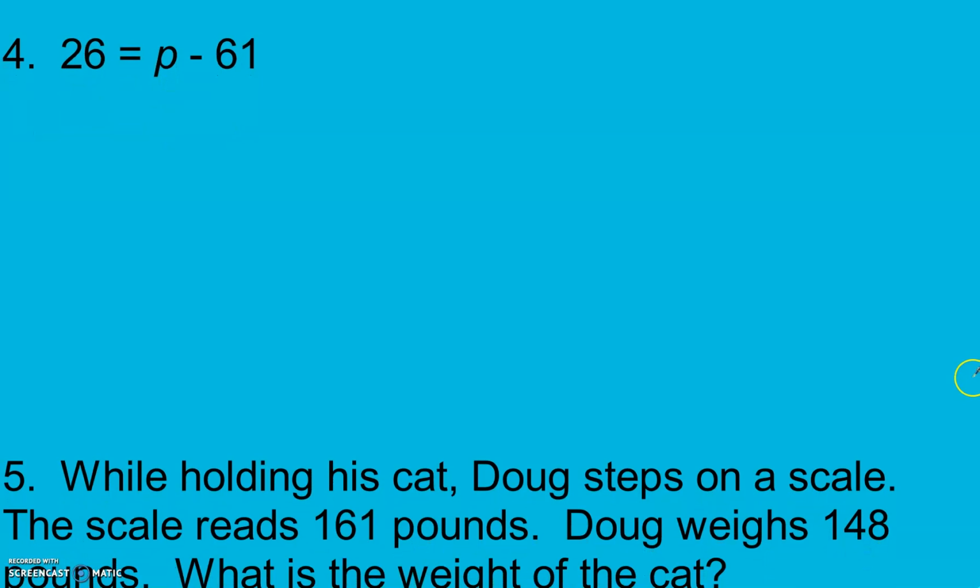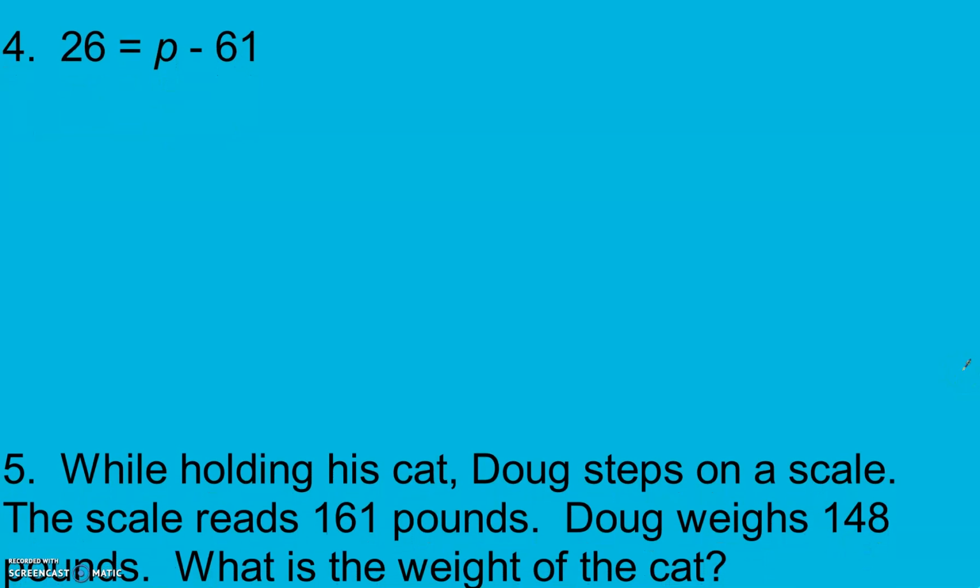Number 4 here. I have my variable. It's being subtracted, so to get rid of subtraction, I have to add, because that's how I get back to 0. On my left-hand side, I have 87. These are still equal because I did it to both sides.